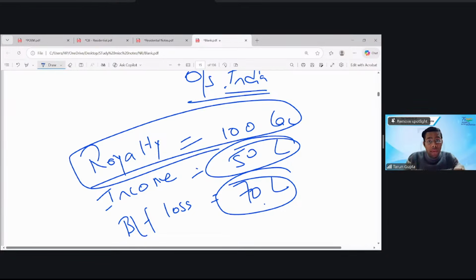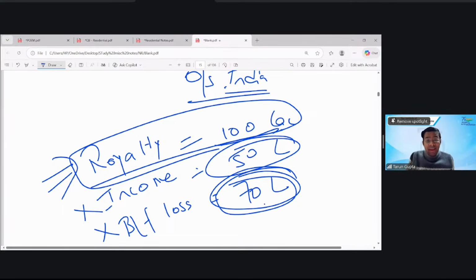You can set off the brought forward losses only on the additional income which becomes taxable in India because of POEM. Had you not been held to be a resident in India because of POEM, then there would not be this additional income. Also, there would not be these brought forward losses. India would still get tax on 100 lakh, whatever the case may be.